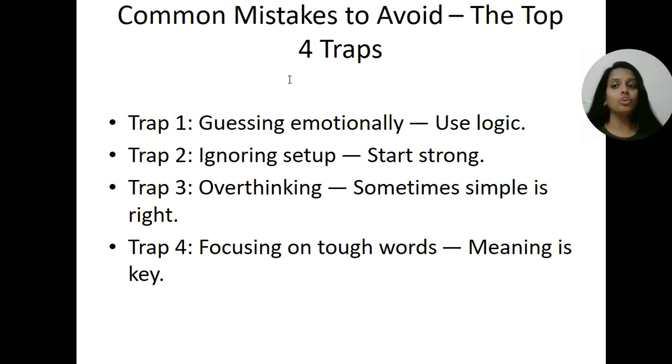So start strong. Trap three is overthinking. Sometimes the simple answer is the right one. So don't eliminate it just because it looks too easy. And trap four, focusing on unfamiliar words. The test wants you to get distracted by a difficult word. So focus on meaning, not just vocabulary.